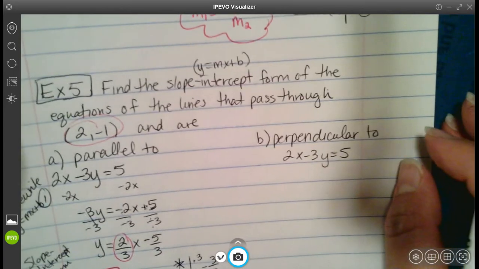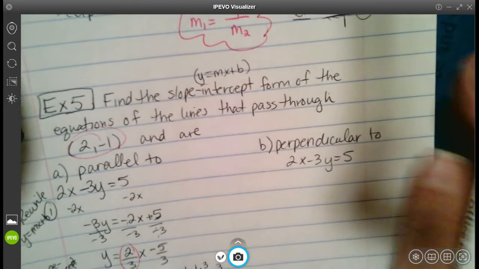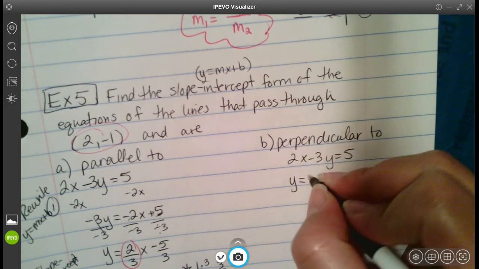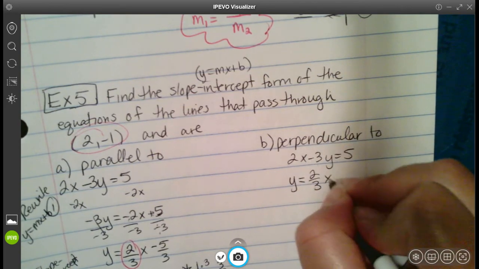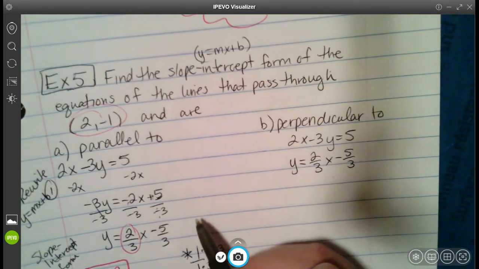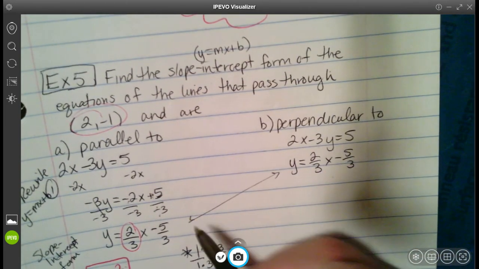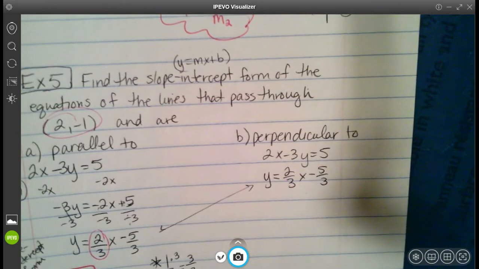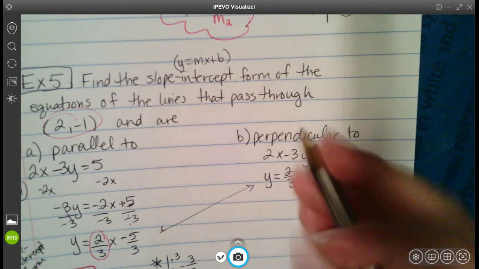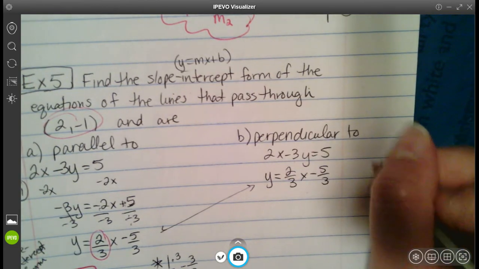Here's part B, perpendicular to the same line. So we know that this is the same as y equals 2/3 x minus 5/3, and that's from this part right here. Okay, so again, all I really care about is the slope, but remember that for perpendicular, we have to flip it. So I'm going to go ahead and do my little symbol here.